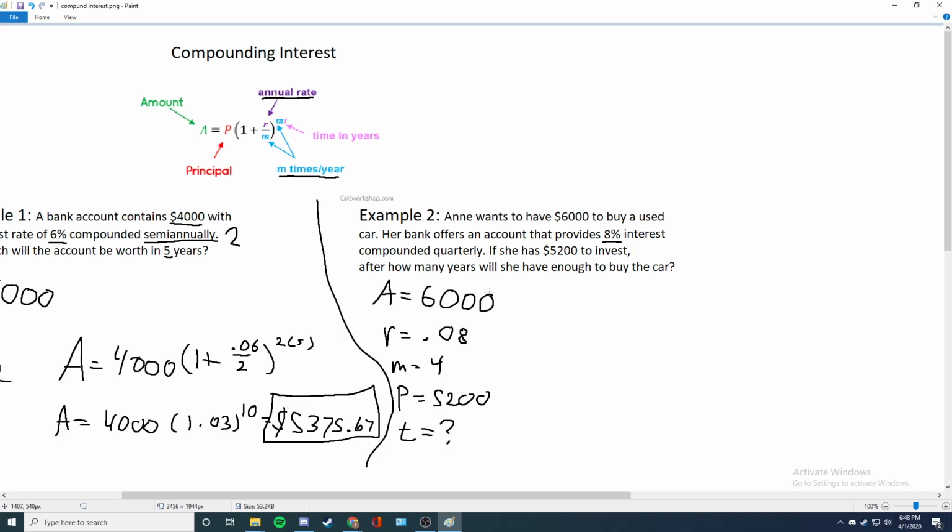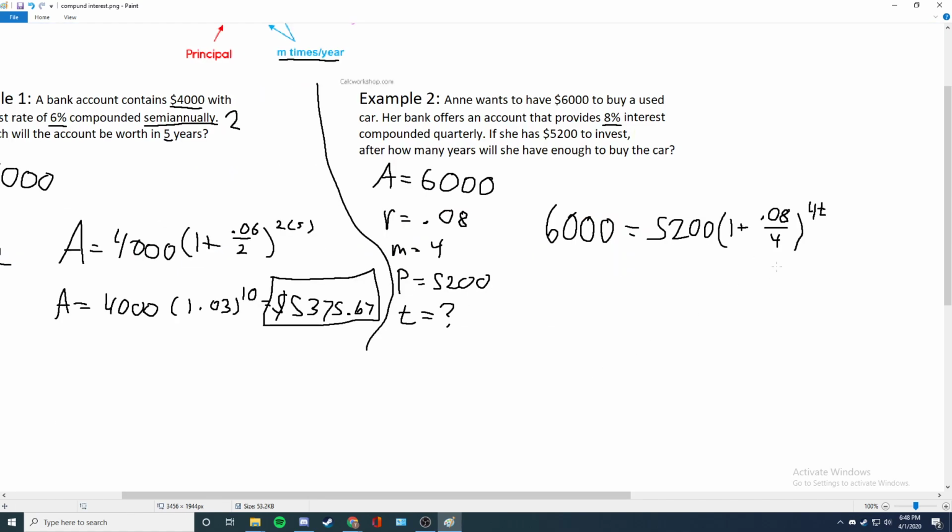So if we take that formula and put all the numbers we know into it, we have 6,000 equals the principal, 5,200, times 1 plus R over M, which will be 0.08 over 4, to the M times T power, which will be 4, and since we don't know T, we'll just leave that as T. So since we're solving for T, and it's in the exponent, we're going to have to do some log stuff later, but first we have to simplify it a bit so we can get to that point.